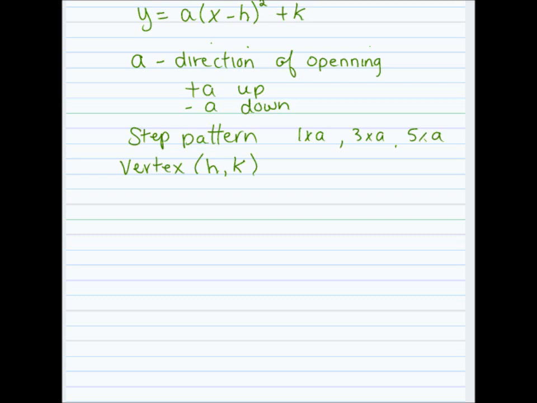We know that our axis of symmetry, which is the line that cuts down the center of the quadratic, is x = h, and we know that the optimal value is whatever the value is for k.